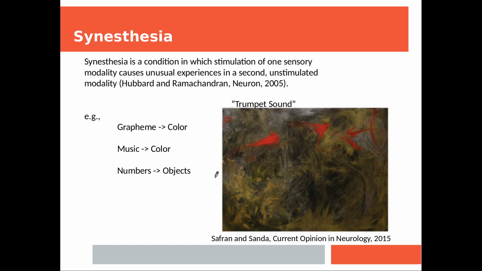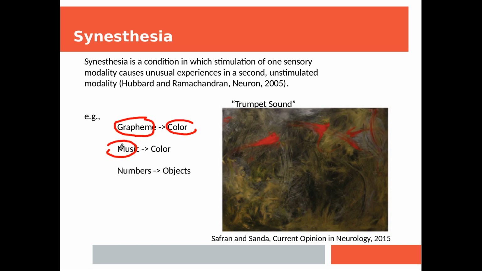So for this final thing for today, I'm going to talk about a condition called synesthesia, where stimulation in one sensory modality can cause unusual experiences in a second modality that's usually unstimulated. So, for example, people can experience letters or words as a color.